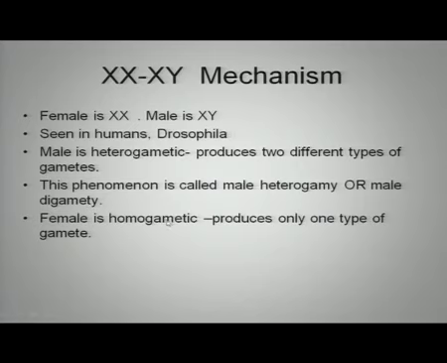Female is homogametic. Here you can see it possesses only one type of chromosome, that is X chromosome only, XX type. So, it produces two gametes, but both the gametes are of the same type, with autosome and one X chromosome only.